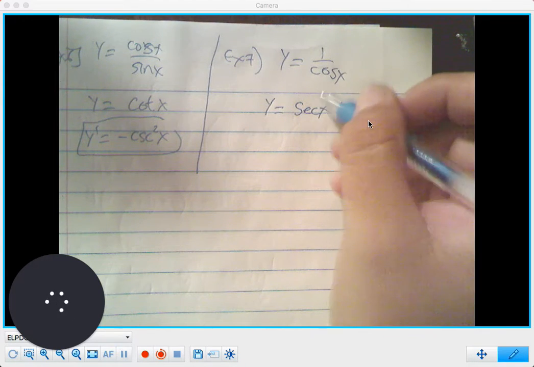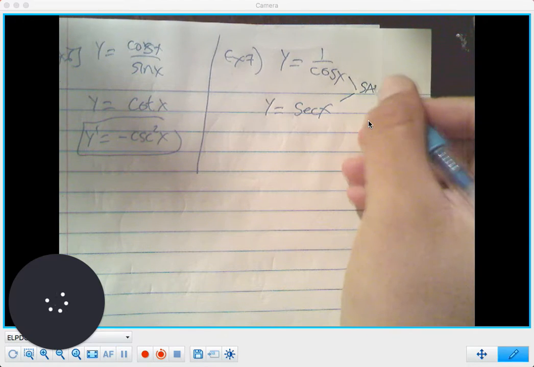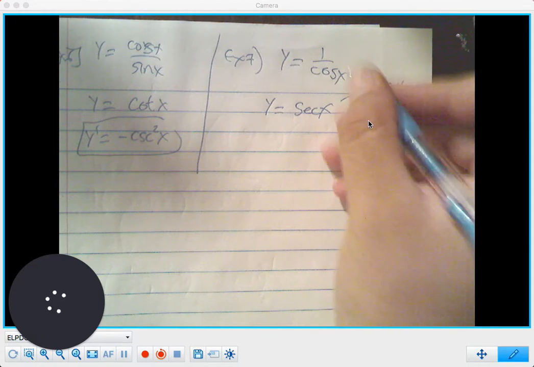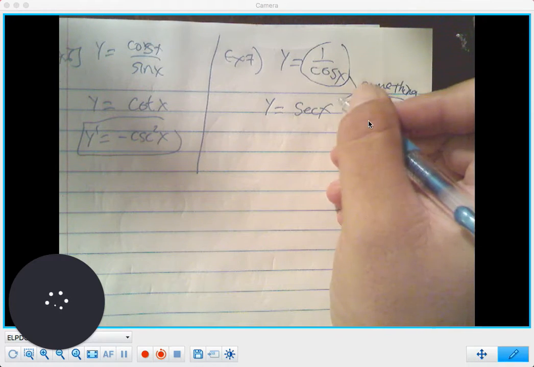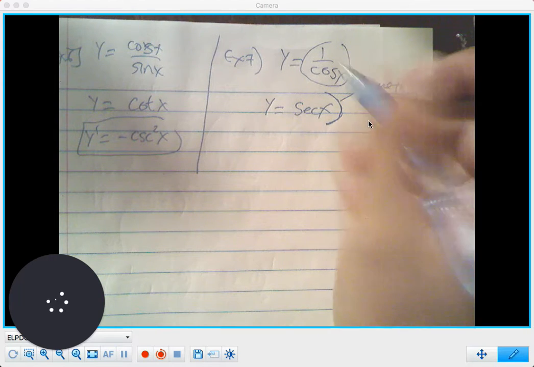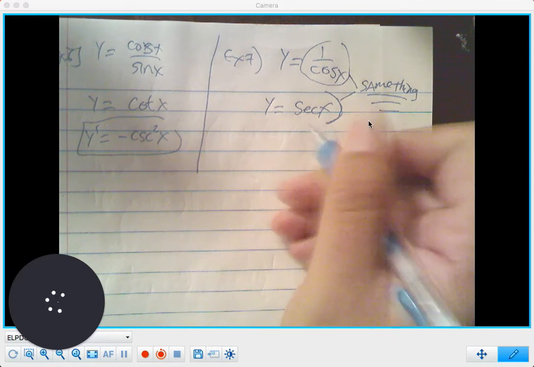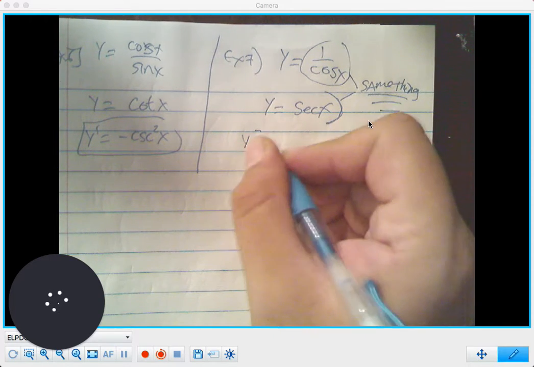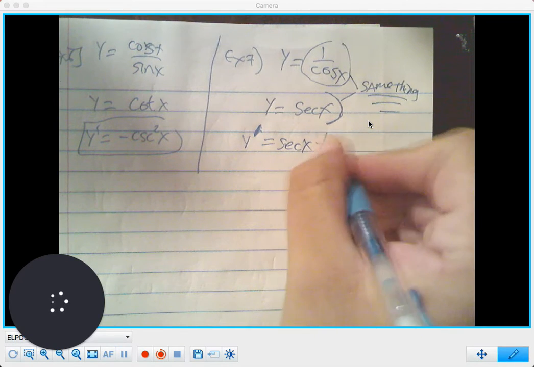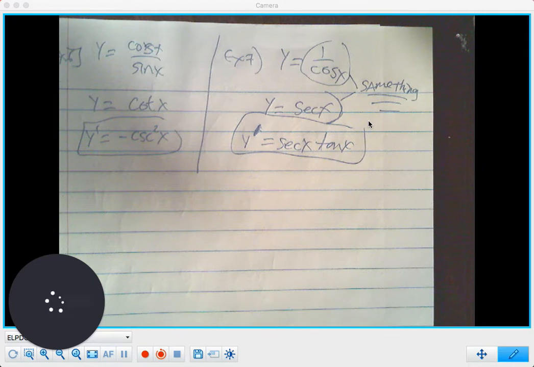So this thing is the same thing as this thing. Why would I bother doing this if I already memorized that the derivative of secant is secant tangent? So y prime is equal to secant x tangent x. You see how simple that is when you memorize things?